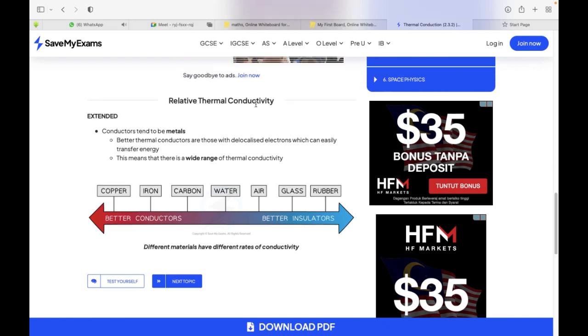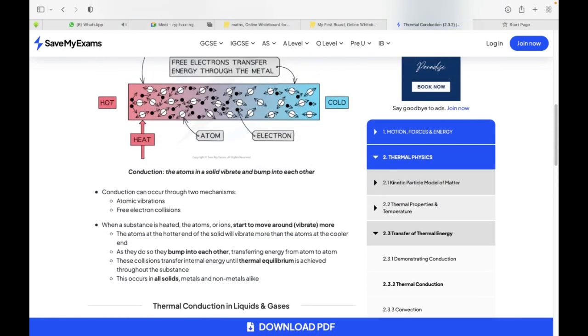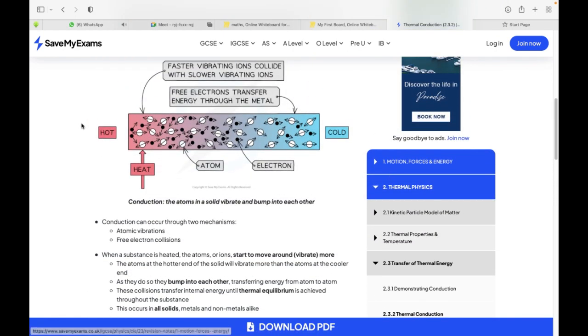If you take a look at metal, they have atoms or ions, and they also have electrons. These electrons are called the delocalized electrons. Why do we call them delocalized? Because they're able to move from one place to another to pass on the heat energy from the hot side to the cold side. They're very free to move.